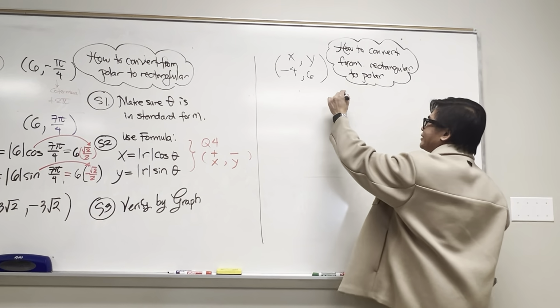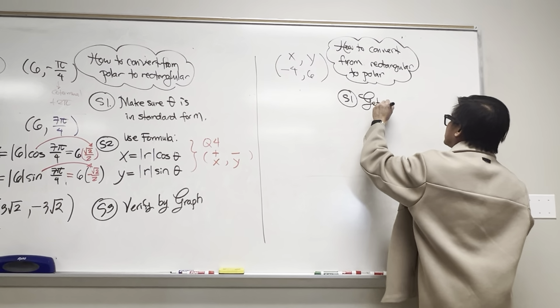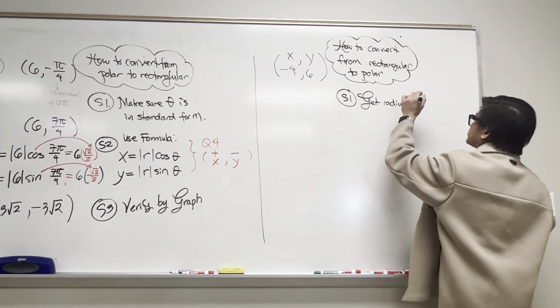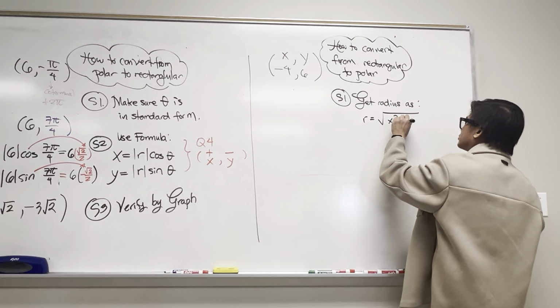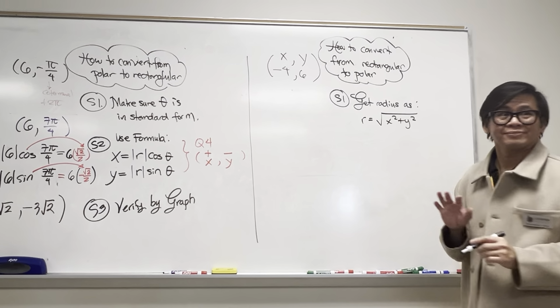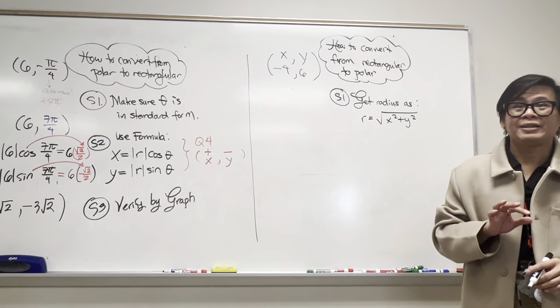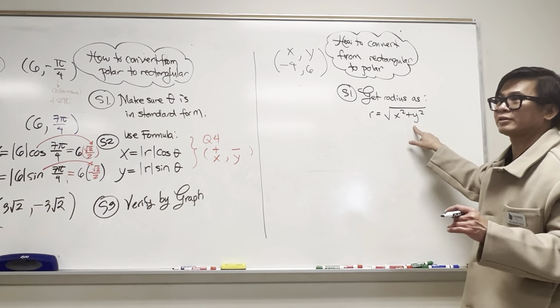Step number 1. Miranda, can you see it from there? Step 1. Get radius as r equals square root of x squared plus y squared.